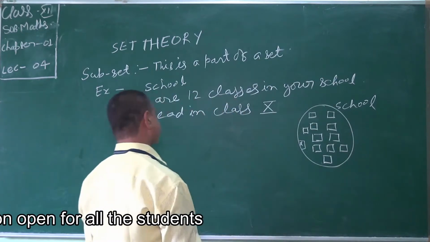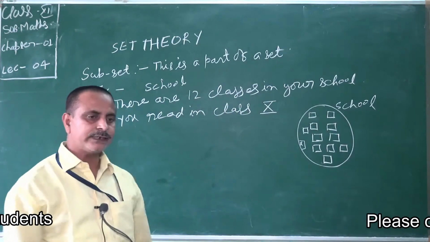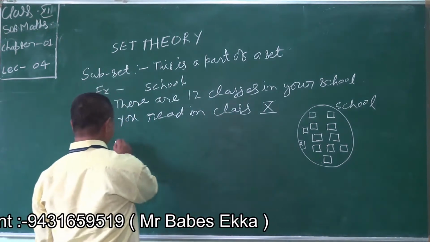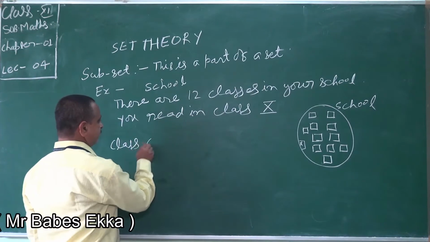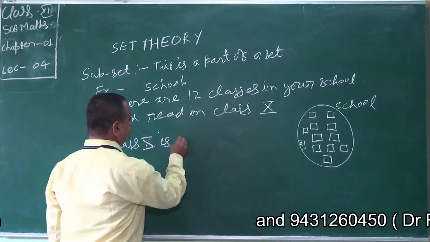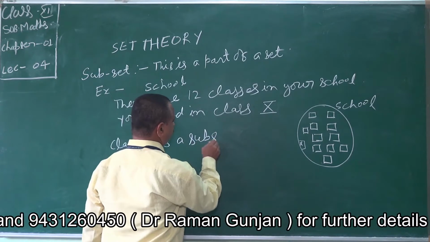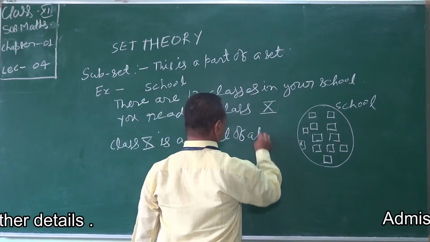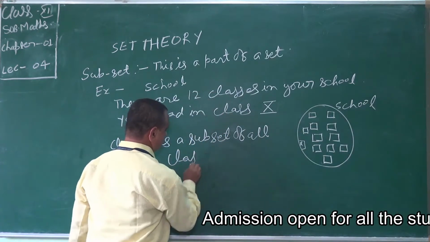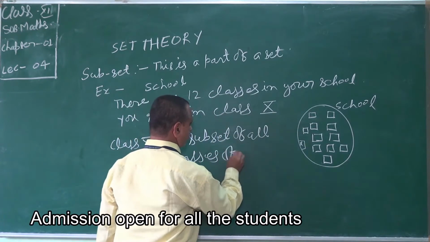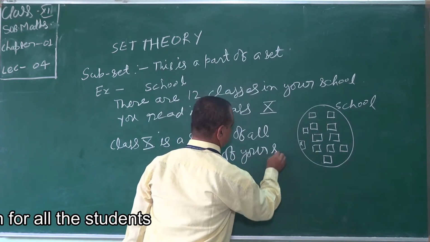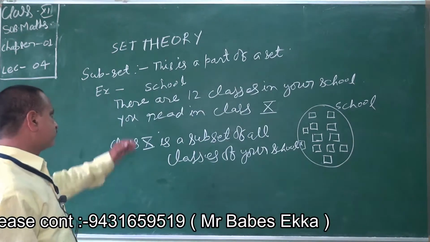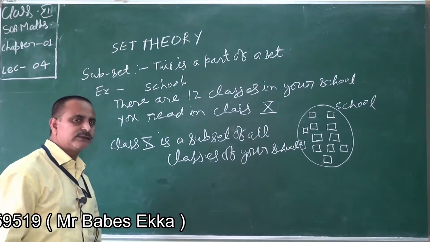The class X is a subset of your school. We say class 10 is a subset of all classes of your school. So by this example, you consider that a subset is a part of a set.